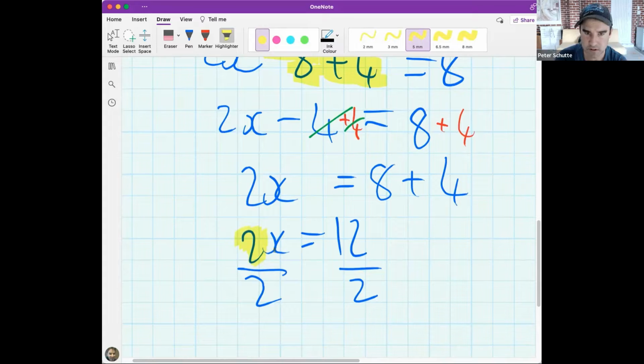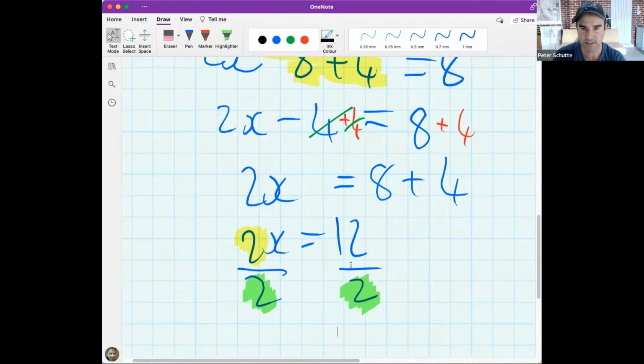What's the opposite process of being multiplied by 2? It's divided by 2. And am I doing it just to one side? No, I'm doing it to both sides. Why am I doing that? Because things that are equal stay equal if you keep doing the same thing. And so my final answer will be x is 6.